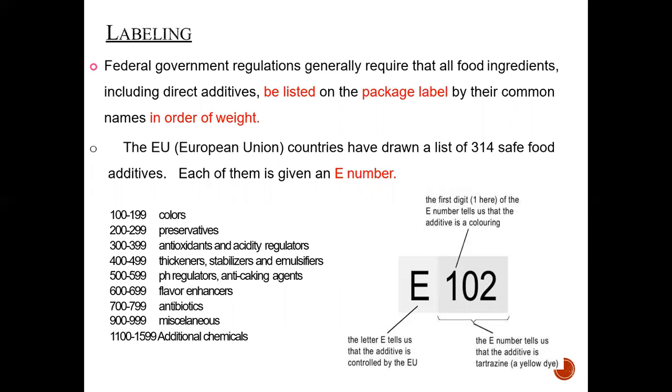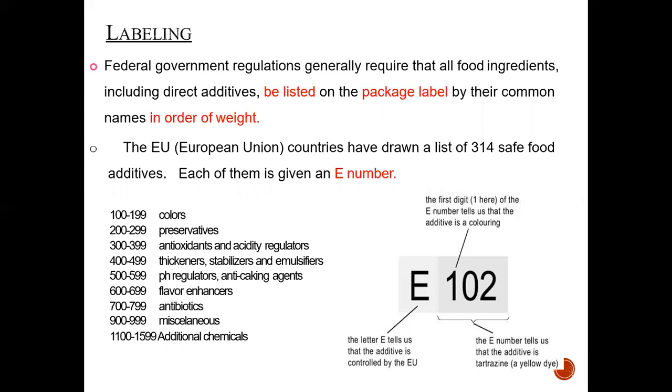It started in Europe. For all food ingredients and direct additives, it is required by law that they are listed on the package label by their common names in order of weight. That is, whatever is present in the highest amount should be listed first on the label.